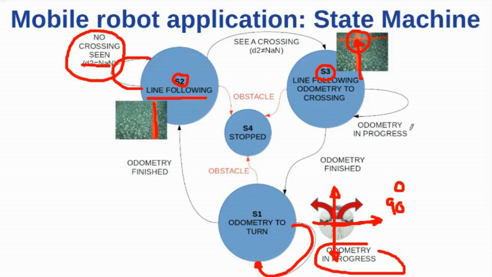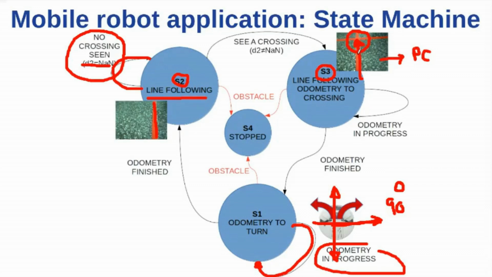The odometry means that we will measure by our sensors, right, the robot's internal sensors, the distance to the crossing, right? So first of all, the picture will be processed by means of the remote personal computer, right? This personal computer will give the distance to the next crossing when it exists in the picture, right?